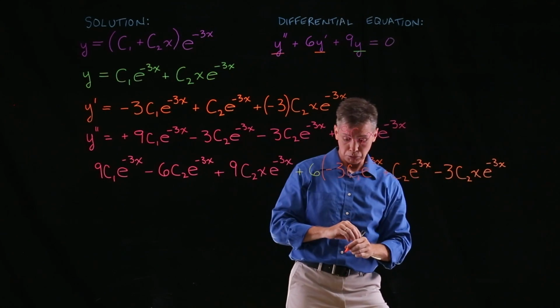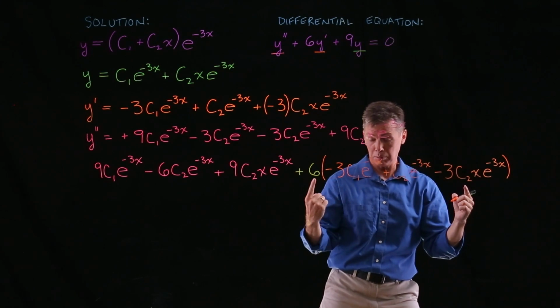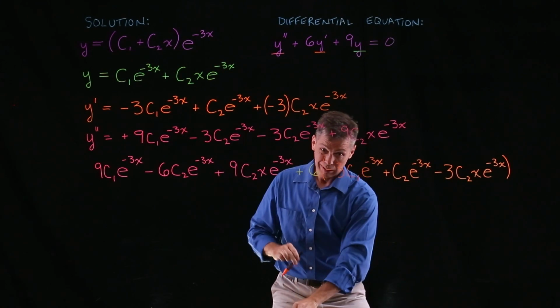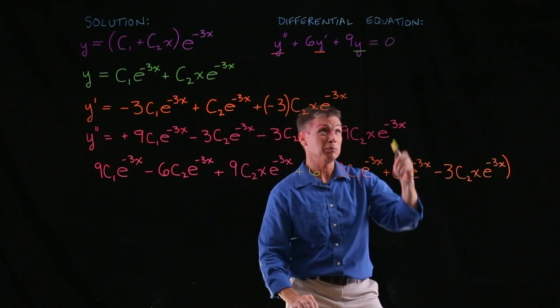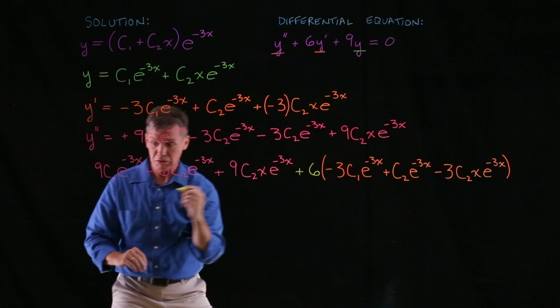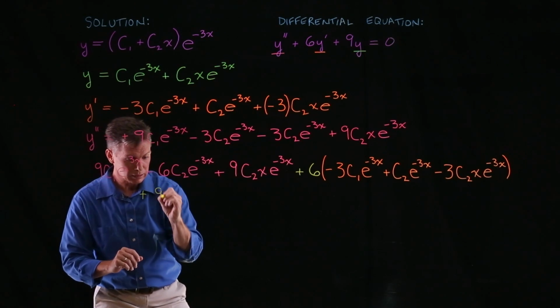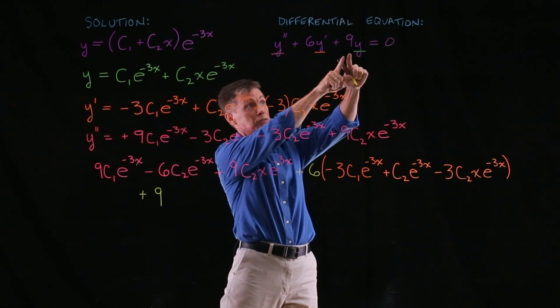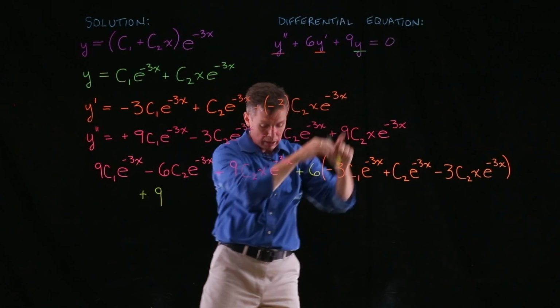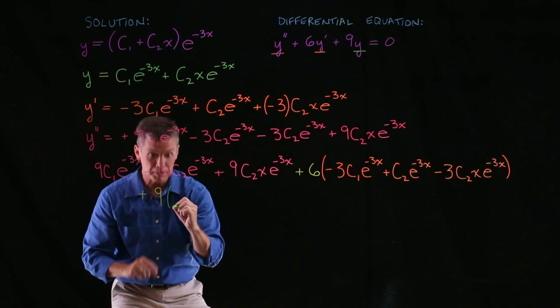And I'm going to try to be careful to close parentheses there, because it's all being multiplied by the 6. And I've got to go down a line, but I'm actually still continuing. If I had more room, I'd go over. Next, I'm looking at plus 9, as part of the differential equation. And then the y that I have in green, I'll start parentheses up here again.